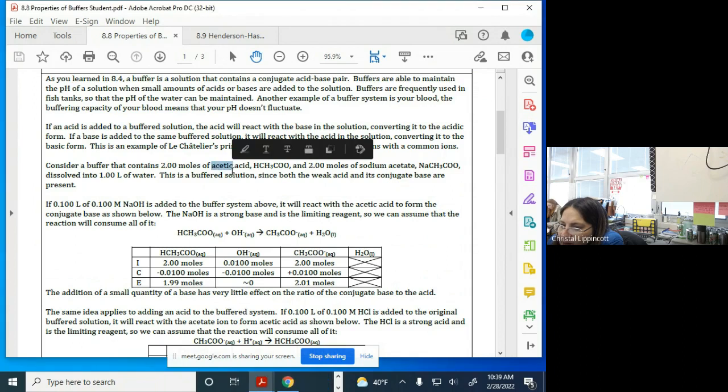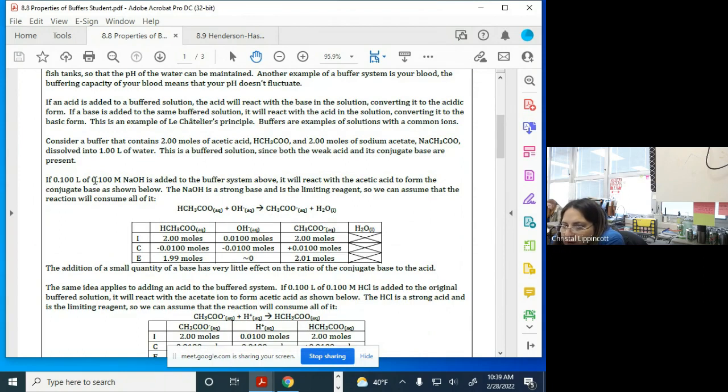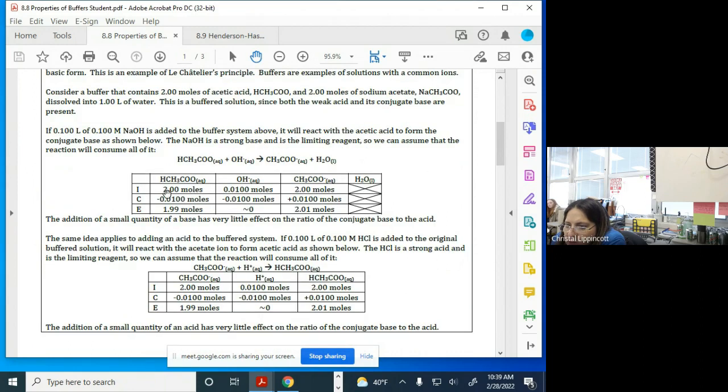We've got the acetate from the acid, and then we've got the acetate from the sodium acetate. So if we have that system and we add in 100 milliliters of 0.1 molar NaOH, that's going to react with the acetic acid and form the conjugate base. If we add the OH in here, it's going to react with the acid and form water and give off acetate in the process.